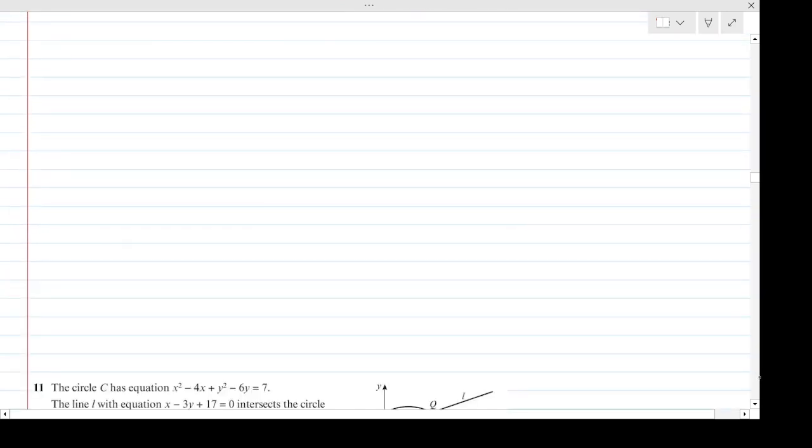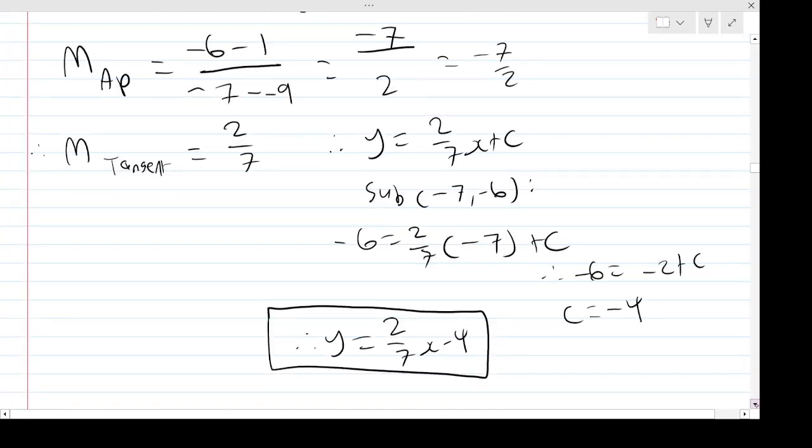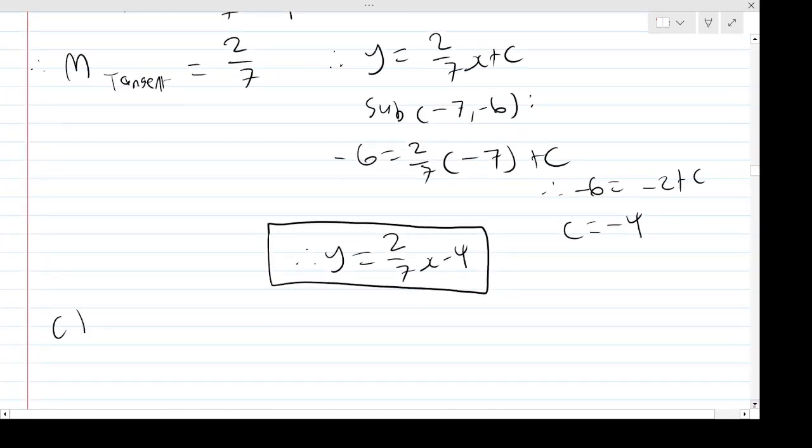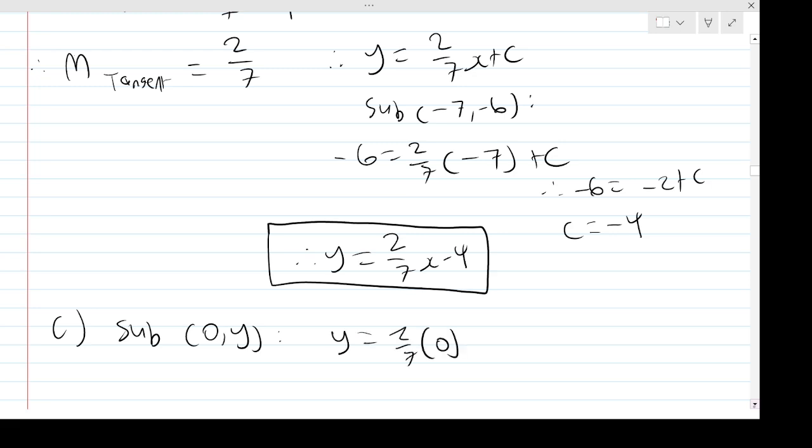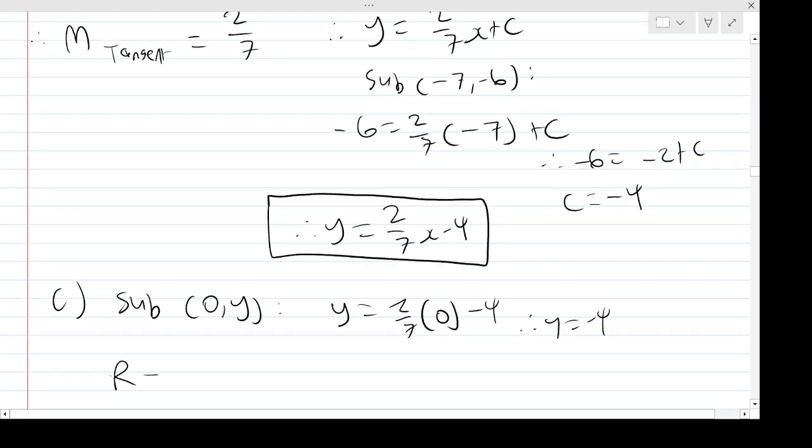So for the next part, part C, I'm going to sub 0, y into the equation. So then y would equal 2/7 of 0, minus 4, which then means that therefore y is minus 4. So therefore the point R has coordinate x is 0, y is minus 4.